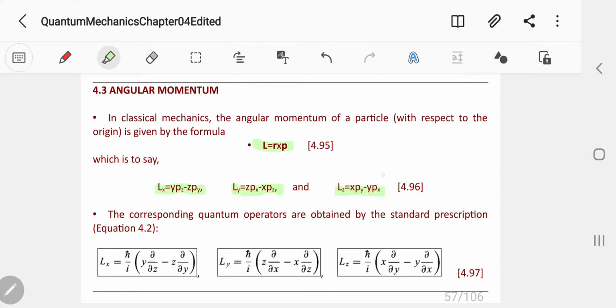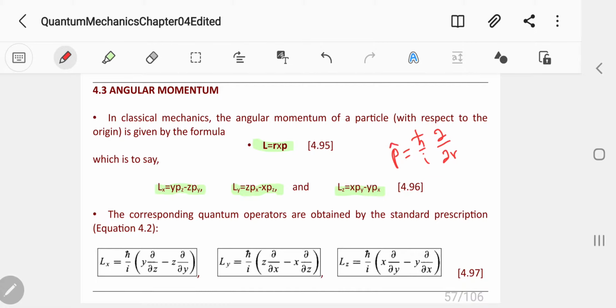But in quantum mechanics, the momentum becomes an operator, and p is just equal to h bar over i, or negative i h bar, partial with respect to some coordinate r. So this is the momentum operator in quantum mechanics.